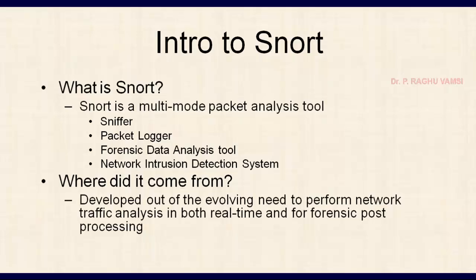So these are the peculiarities of this Snort tool. And where did it come from? It developed out of the evolving need of performing network traffic analysis, both real-time and forensic post processing. For that purpose, it was developed around 20-25 years back. Then slowly it evolved as a powerful network intrusion detection system.